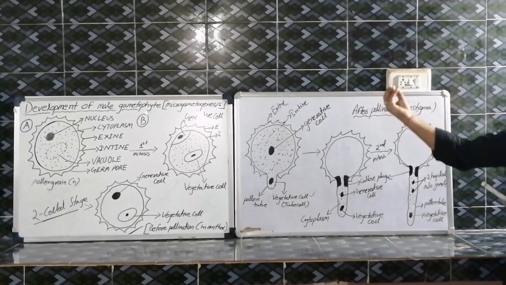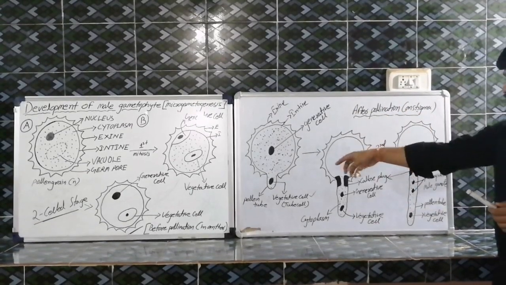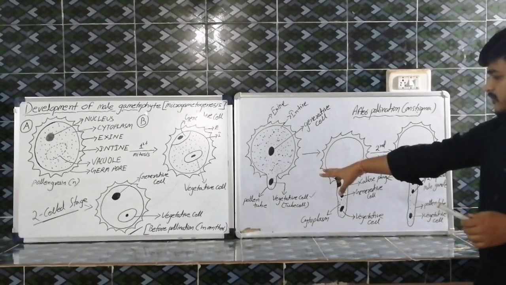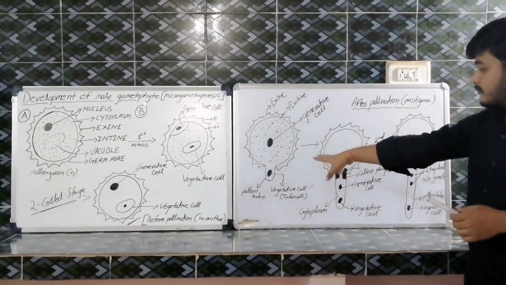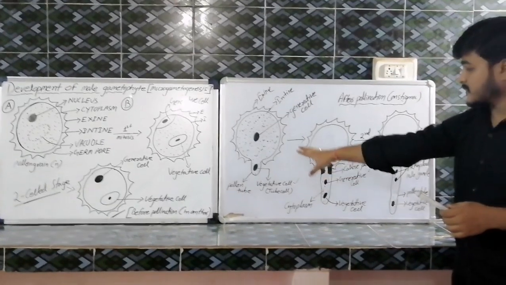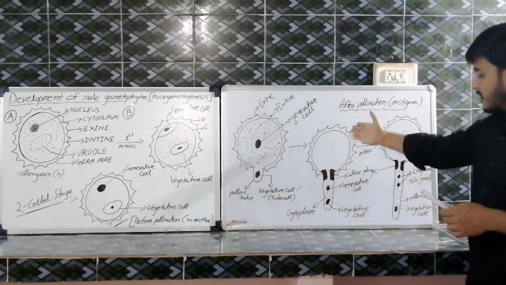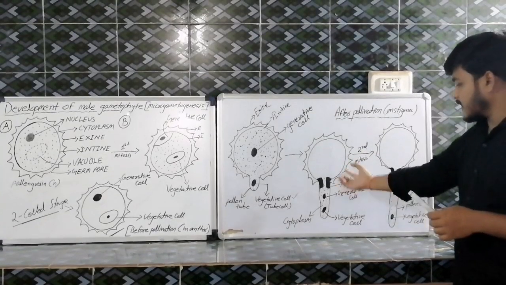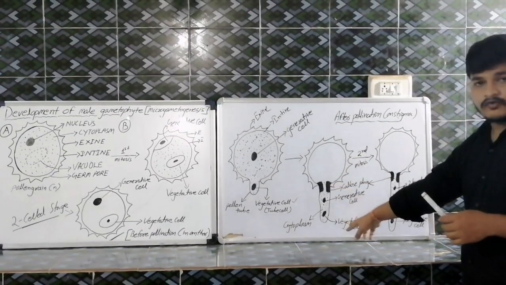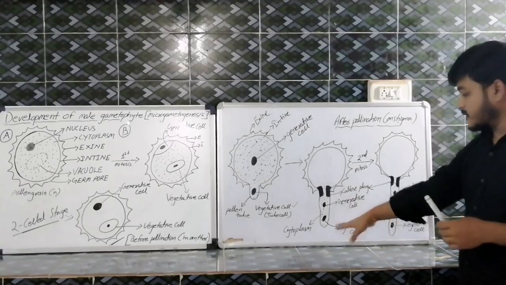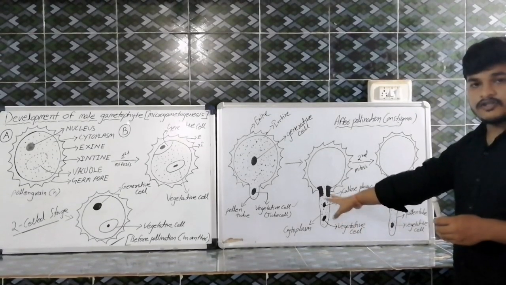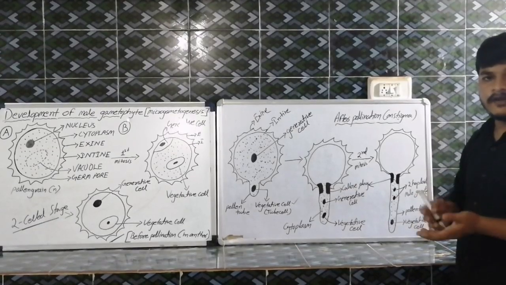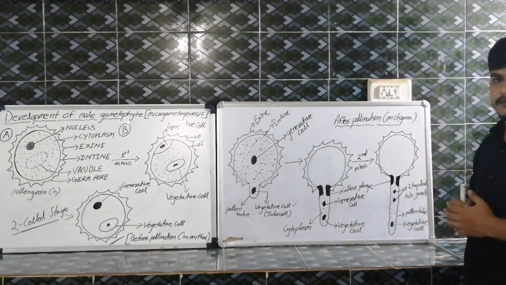That means after attachment, the tube formation takes place, mainly due to the vegetative cell, and the nutrient medium is firmly attached to the nucleus. The development of the outgrowth takes place, and it consists of plug-like structures, two plug-like structures, which prevent the backward flow of the cytoplasm and nutrient medium.